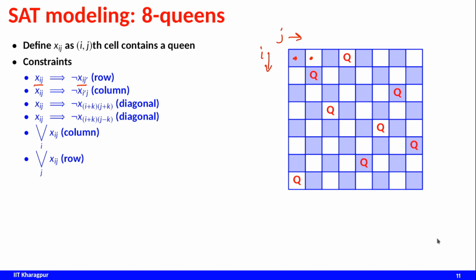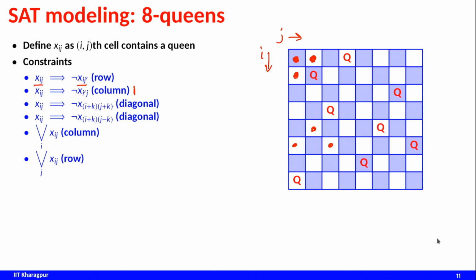So if I put a queen here, then I should not be able to put any queen on this part. So x_ij implies not of x_ij prime. Similarly for the column, if I put one queen here, then I should not be able to put any queen here, which is again the same. And if we put a queen here, then I should not be able to put any queen here or here, in the diagonal manner.